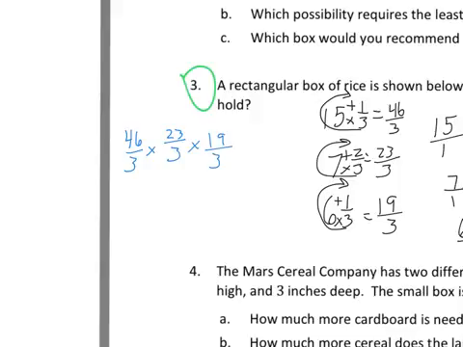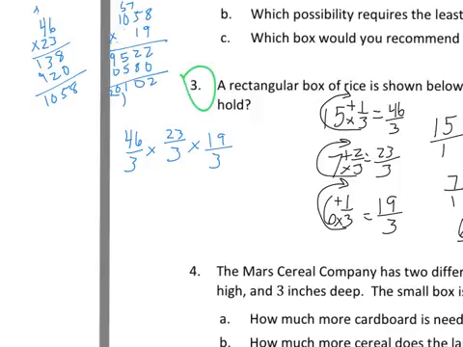So I'm going to do that quick off to the side. There's my calculation. It took me a minute to do, but I did 46 times 23 to get 1,058, and then I brought that over here and multiplied it by 19 to get 20,102. And this one I can do in my head. 3 times 3 is 9. 9 times 3 is 27.